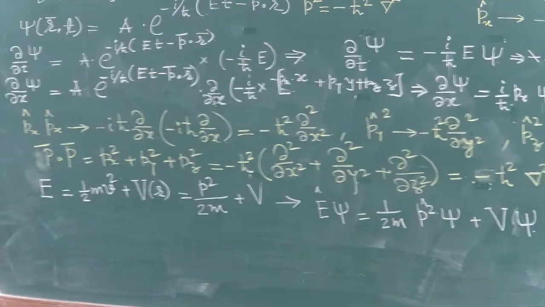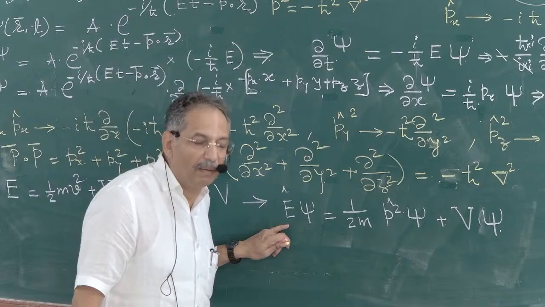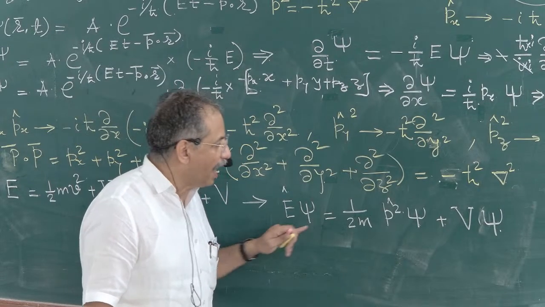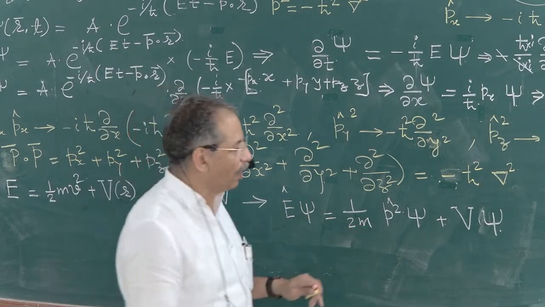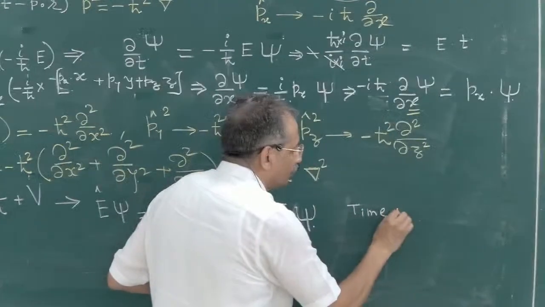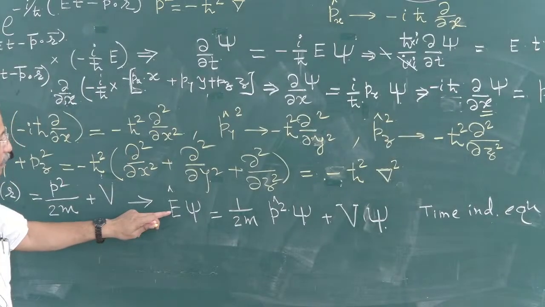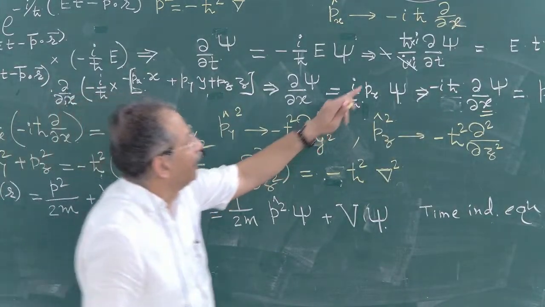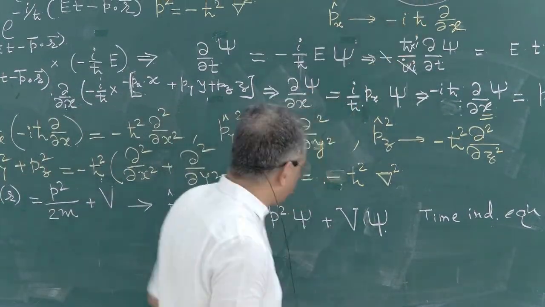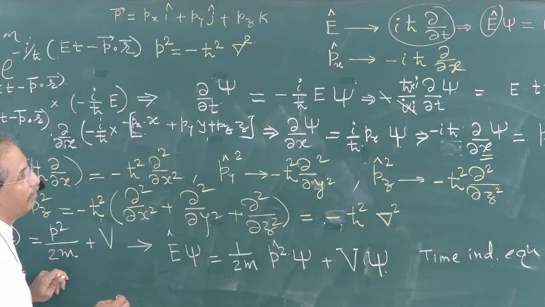So if you like to write the energy operator in terms of time derivative, it will be the time dependent equation, and this very equation we call the time independent equation. Okay, so I want to replace E cap by i h cross first order time derivative, obviously partial time derivative.